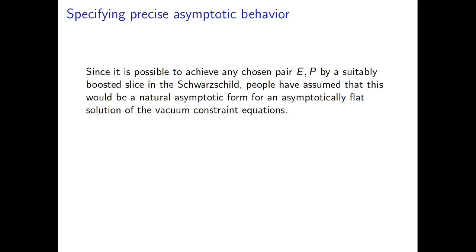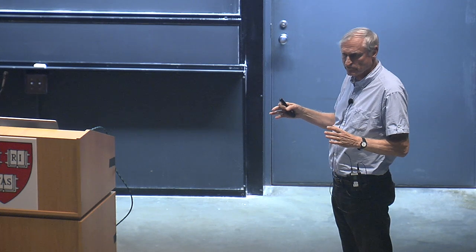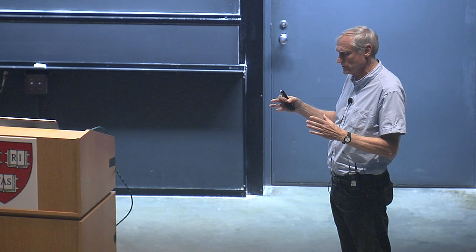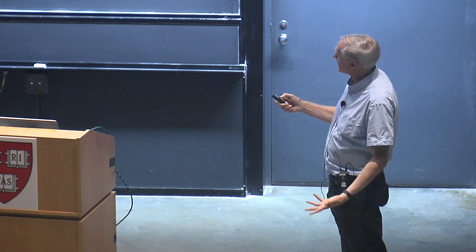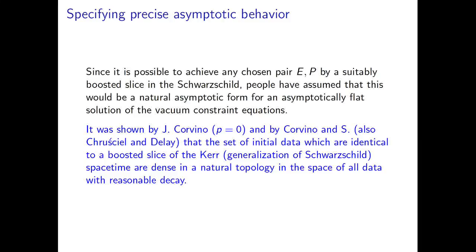Since any energy and linear momentum can be achieved by choosing an appropriate slice in the Schwarzschild spacetime, you could then ask, can we take a general solution and replace it by one which is the same inside a compact set, but near infinity is exactly an appropriately chosen slice of Schwarzschild, or actually one has to use a Kerr. One has to introduce angular momentum here too to make this work. And in fact, it's correct. So we did that in that same paper, and there's also a treatment of that by Chruściel and Delay.